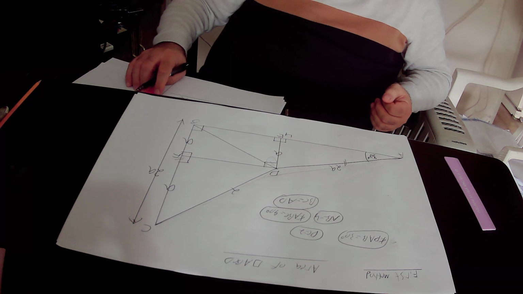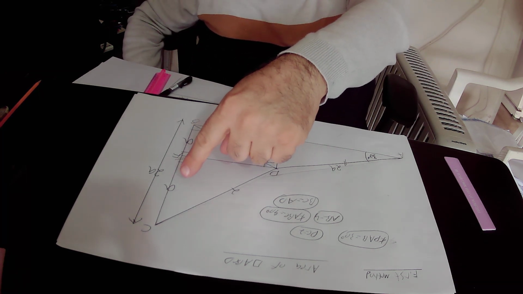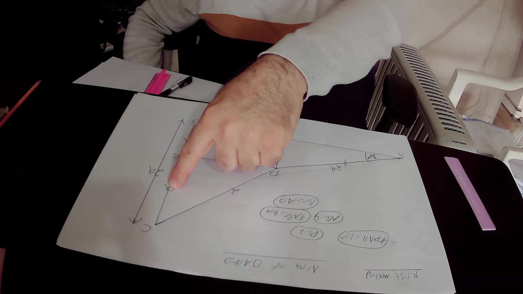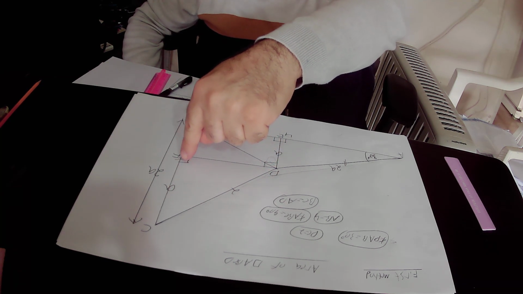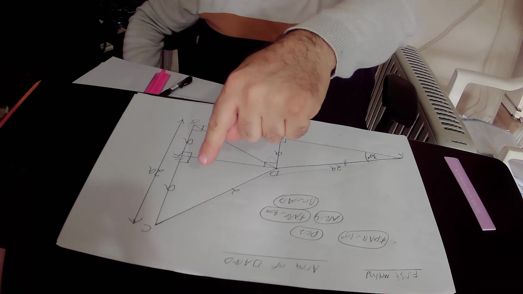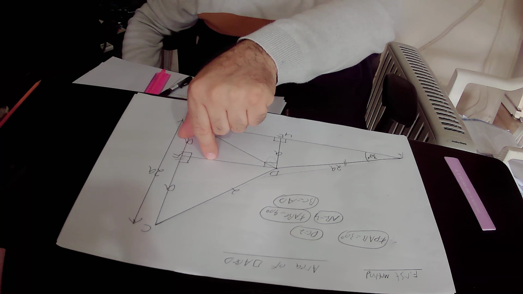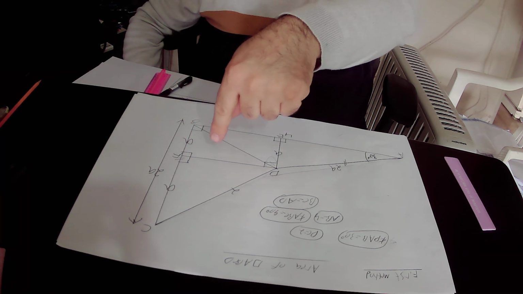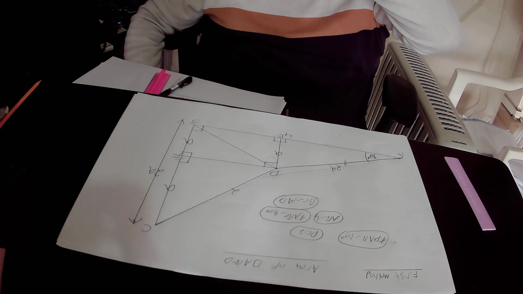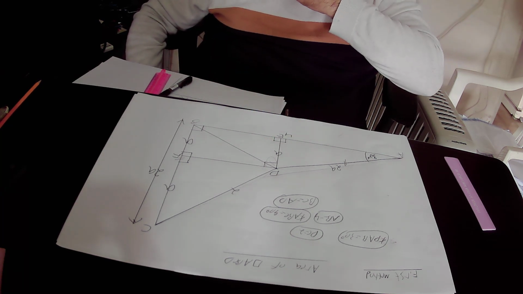And we proved that those two sides and the angle between them in triangle CDF are congruent to those two sides and the angle between them in triangle DFB. Therefore we proved that those two triangles are congruent according to the side angle side rule.